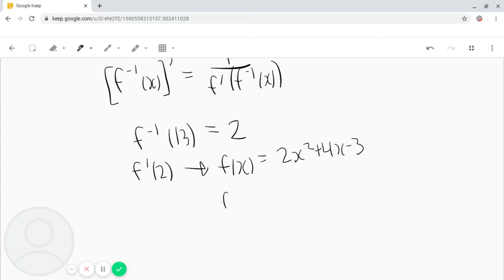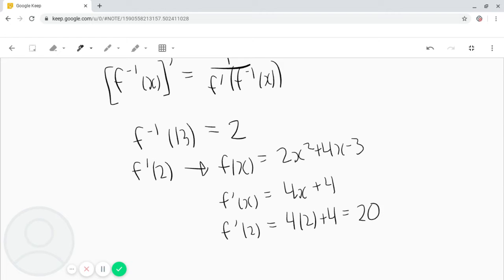So then f prime of x equals 4x plus 4, and f prime of 2 is 4 times 2 plus 4, which is equal to 16 plus 4, which is 20.